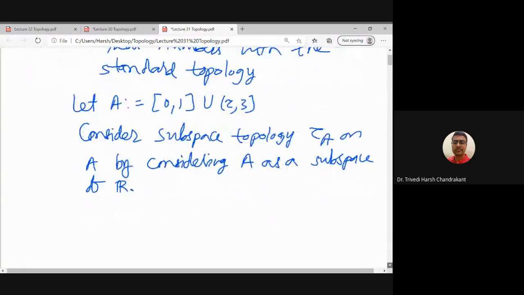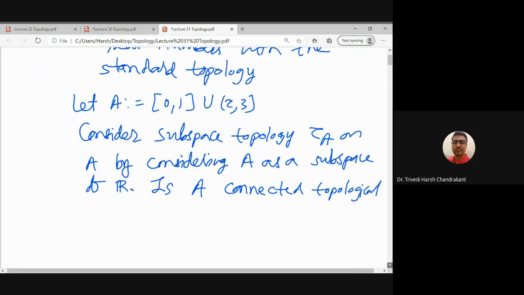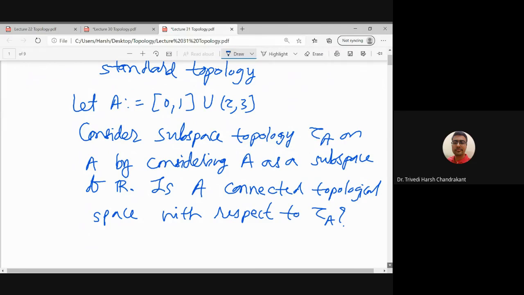Right, so the question is: is A a connected topological space with respect to this subspace topology? So this is a question, and we will try to answer this question.